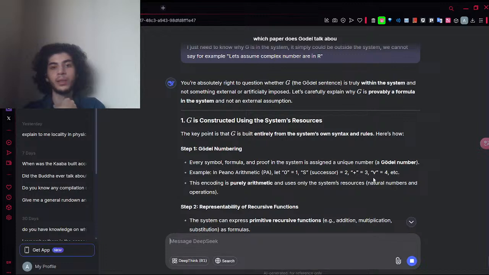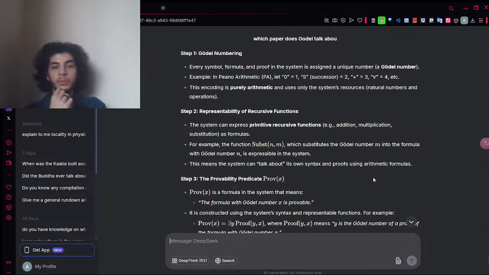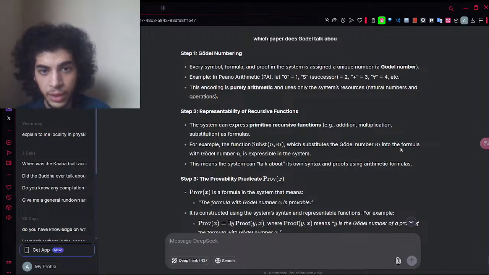Every symbol, formula, and proof in the system is assigned a unique number, a Gödel number. The system can express primitive recursive functions. The system can talk about its own syntax and proofs using arithmetic formulas.